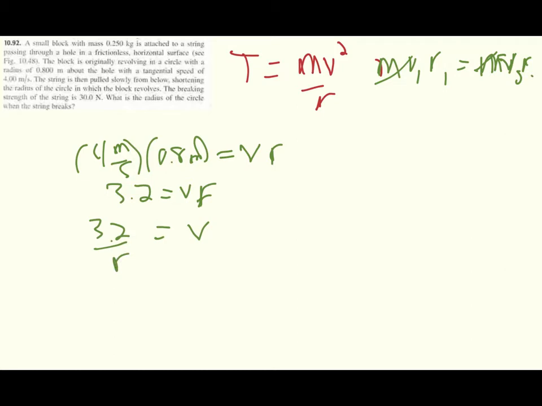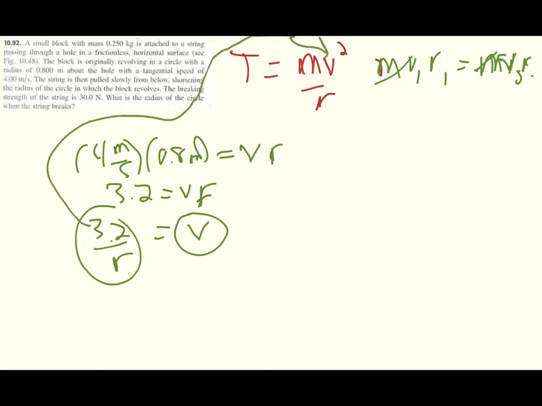I'm going to take this and put it over here. So let's try it. T equals m over r, and I'm going to keep those like they are, 3.2 over r squared.